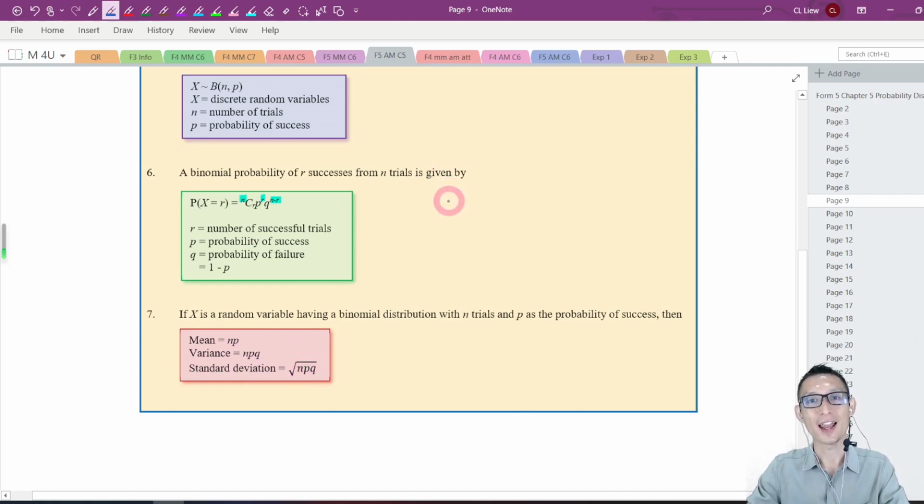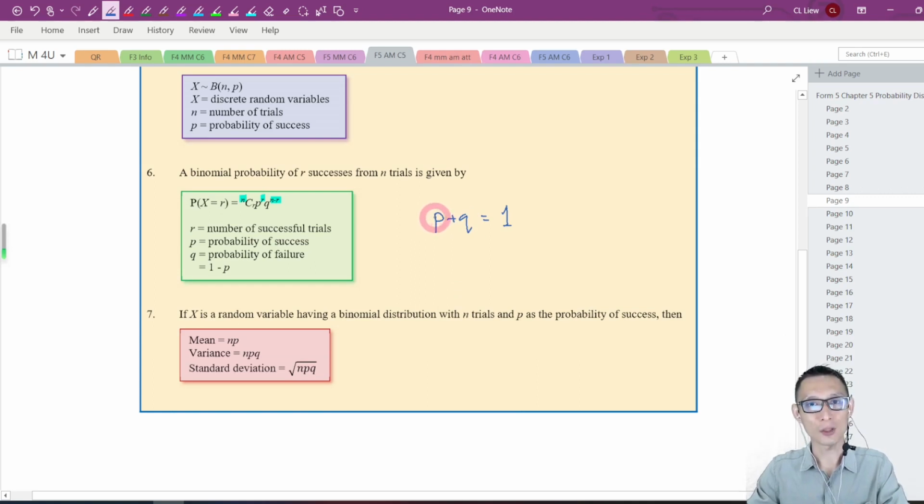Why is n the total number of tries? p is the probability of success, and q is the probability of failure. Always remember, p plus q is equal to 1. This means that if you are given the value of p, you can find the value of q yourself. Same thing, if you are given the value of q, you can find the value of p yourself.